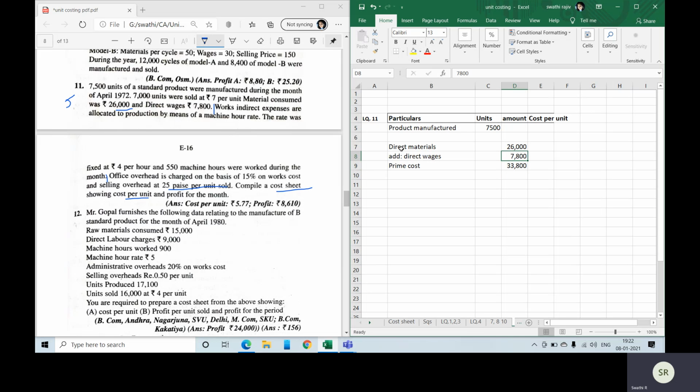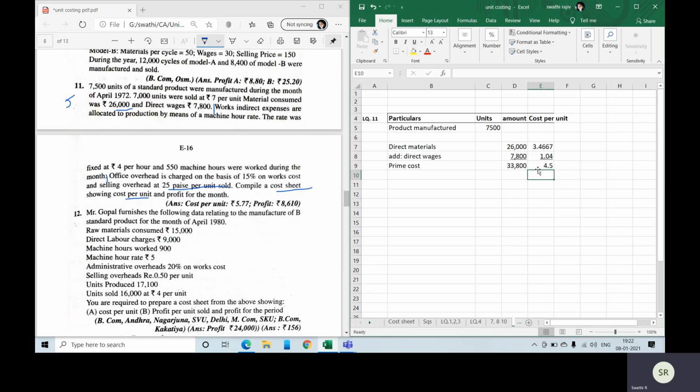But we also have to do a cost per unit. So the entire cost is 26,000, but per unit is how much? 26,000 divided by 7,500. Similarly, 7,800 divided by 7,500, and together we are going to get 4.5.